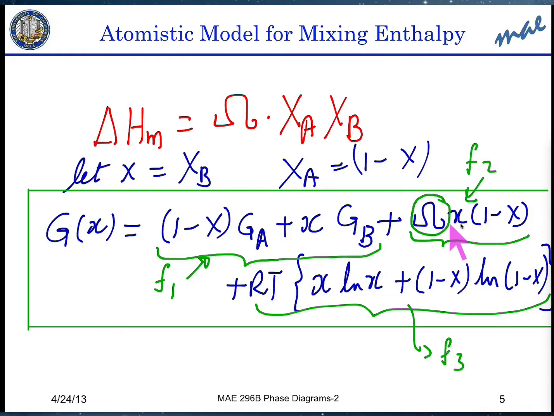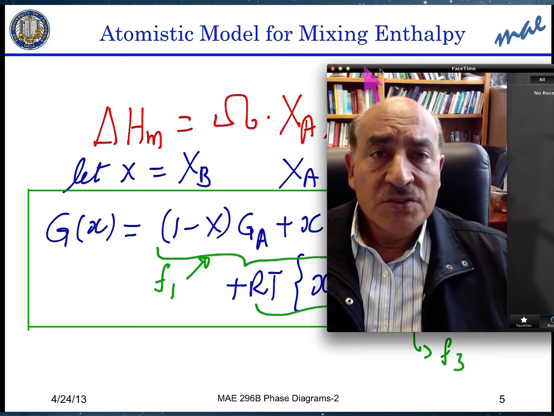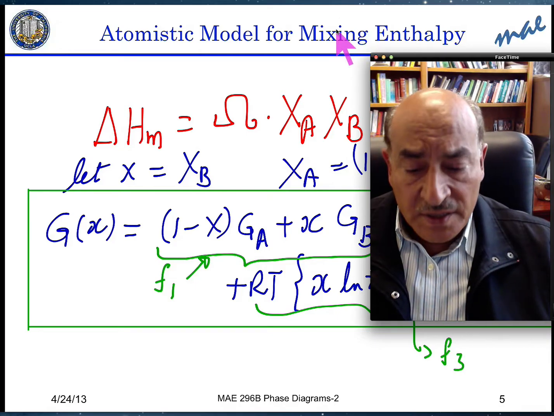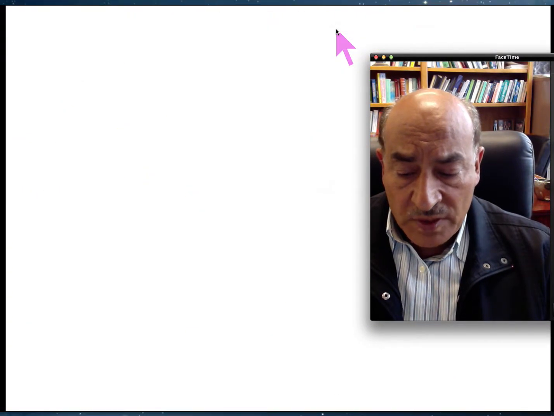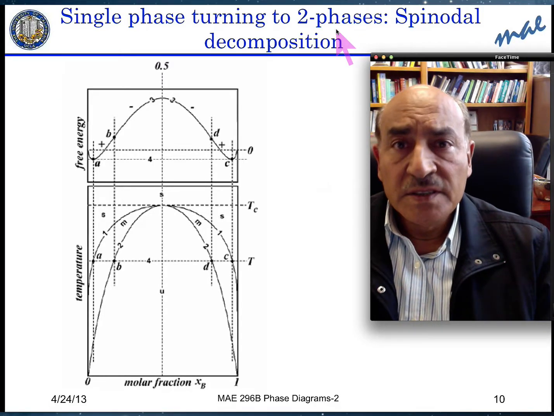This term is symmetric in both x and 1 minus x, and this term is also symmetric. So all of these are symmetric, which tells you that if you plot it as a function of x, it has to have some kind of a minimum or a maximum at x equals 0.5. That's what we're going to have here when we discuss the graphical plotting of this condition.